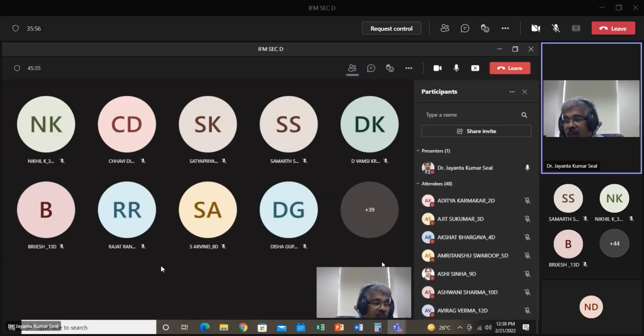Out of the 1 million shares, say 7.5 lakhs is public issue and 2.5 lakhs is offer for sale. Existing promoters, they are selling their share.